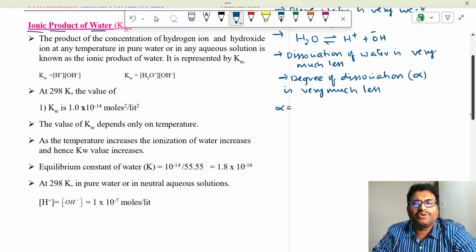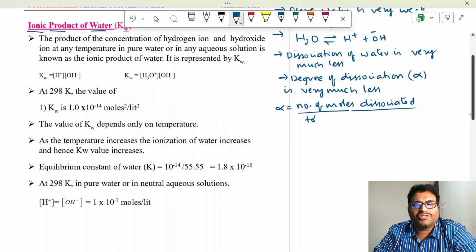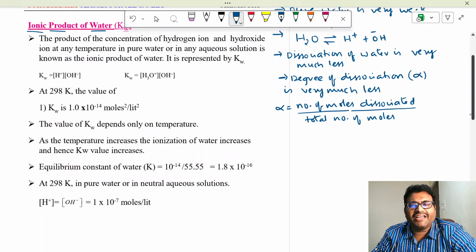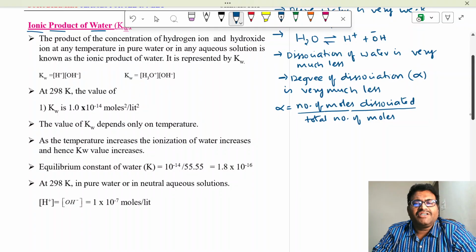Alpha is equal to the number of moles of a substance dissociated divided by the total number of moles taken initially. For example, if you take 100 moles of water, only about 0.1 moles dissociate.